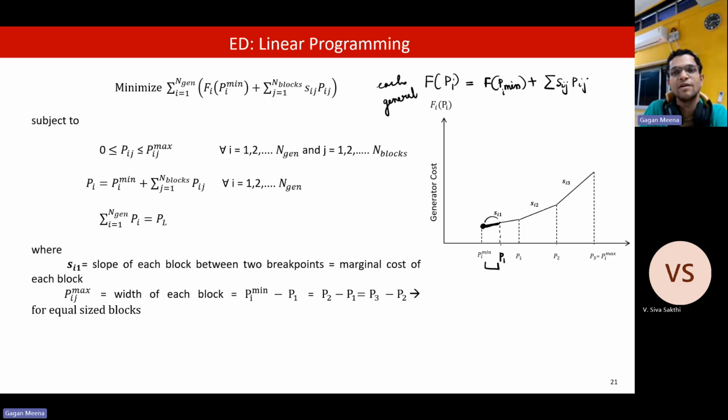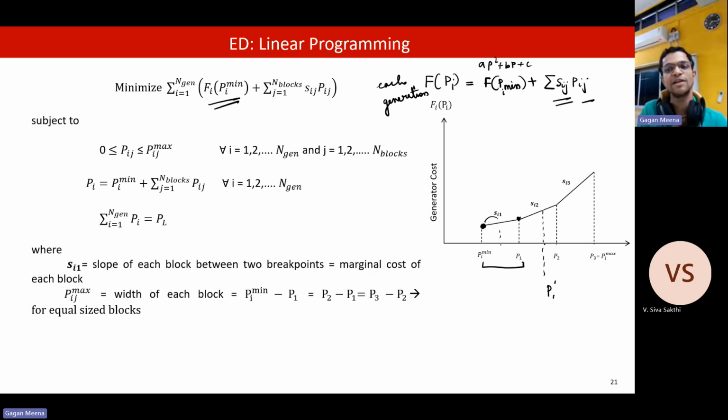For each generator, now the cost curve is like this. Initially, the cost curve was A P squared plus B P plus C, which was a quadratic curve. Now we have changed it to this form. So F(Pi) is Fi min plus slope into this difference. Let's say the generation comes out to be like this, P1 dash.